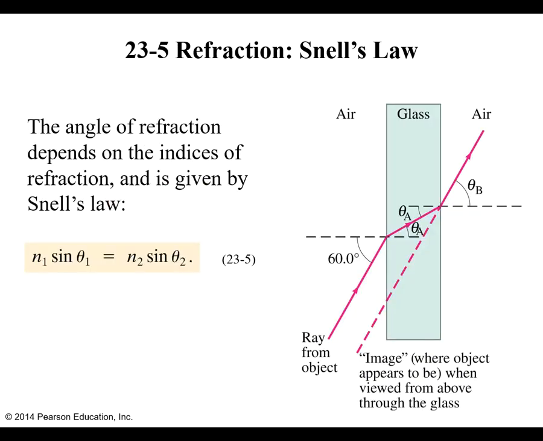Now, how do we actually calculate the angle of refraction? Well, that depends on the refraction equation. We actually saw a refraction equation back in chapter 11. What we saw was that the ratio of velocities would equal the inverse ratio of the sine thetas.